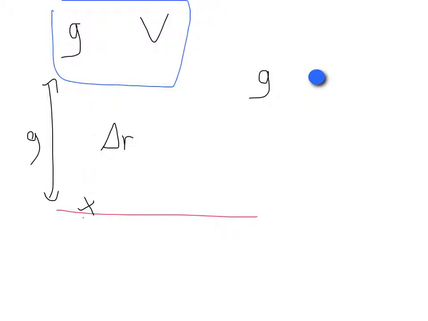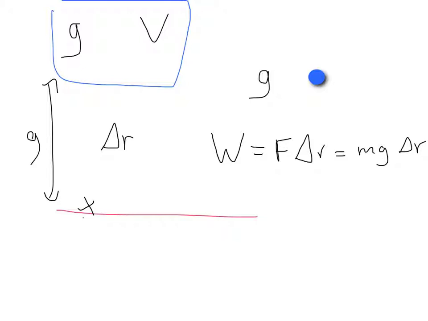Okay? Well, in this case, the work that I have to do will be the force times the distance, right? And how much is the force? Well, mg. All right. So mg times the increase in distance. Now, what can we do with this? Well, what we're going to do is isolate g.